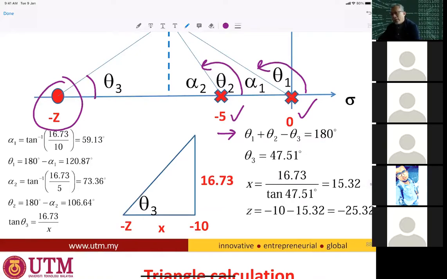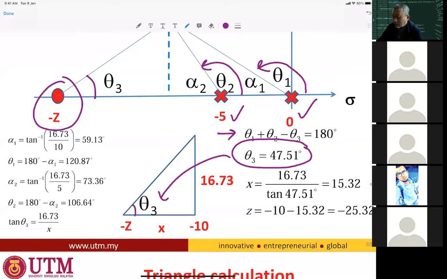Theta 1 and theta 2 are the angles due to the poles at 0 and minus 5, while theta 3 is the angle due to the zero of the PD controller. Therefore, we get theta 3 as 47.51. So theta 3 will be here.